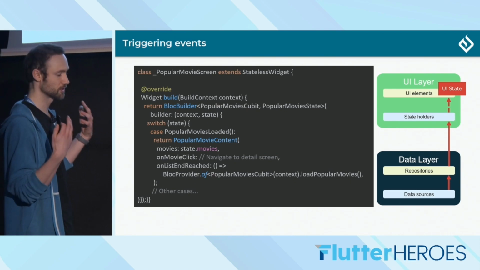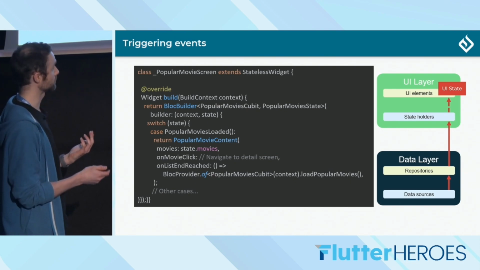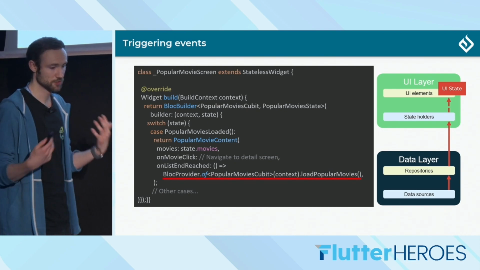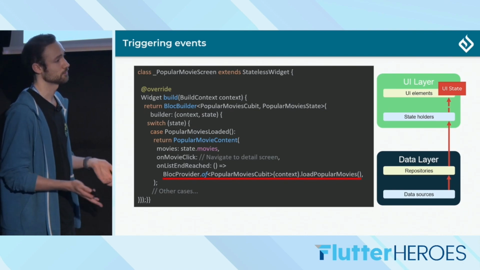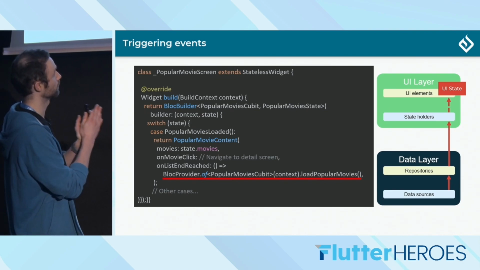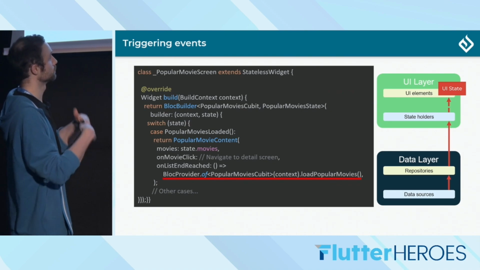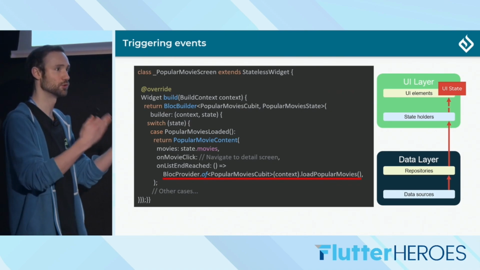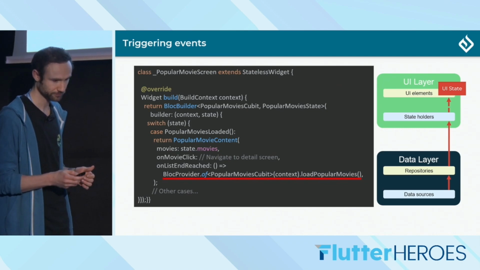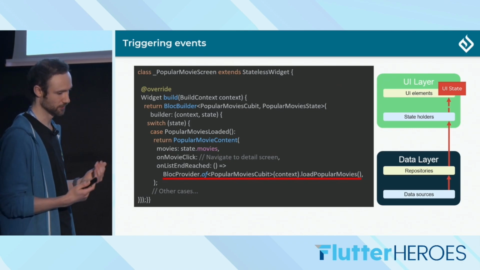And now the question is, what is happening when some event is triggered? And as we can see, when we reach the end of the list, then we are calling our qubit and calling a function in there to state to the qubit that, hey, an event has been triggered, like we want to load more movies.